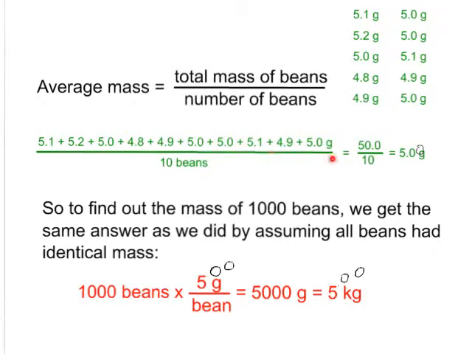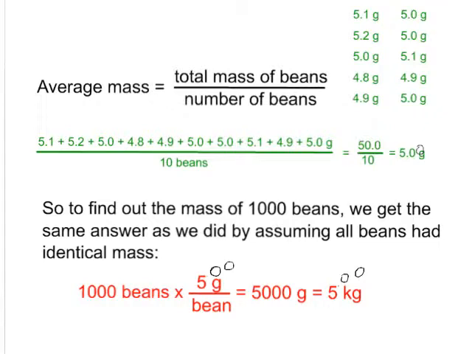Down here we did this calculation. I added all the masses together in the numerator, and the denominator has 10 beans. Now, if we keep track of significant figures here, when I'm adding all these numbers up, they all have the same one significant figure after the decimal point. So there's not really a limiting one.